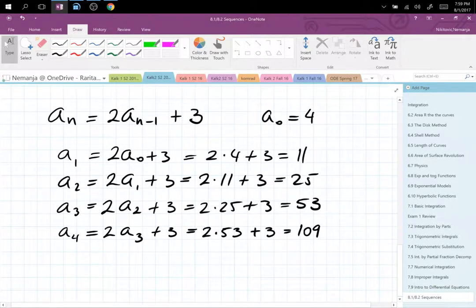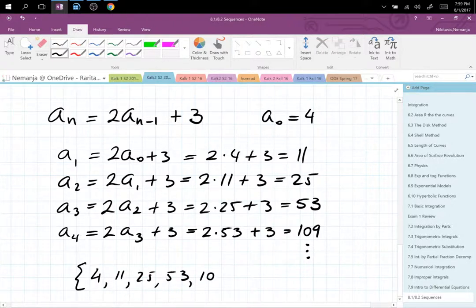So I'll put 3 dots because your sequence is starting with 4, that's given to you, and then you have 11, 25, 53, 109, dot, dot, dot, going forever.